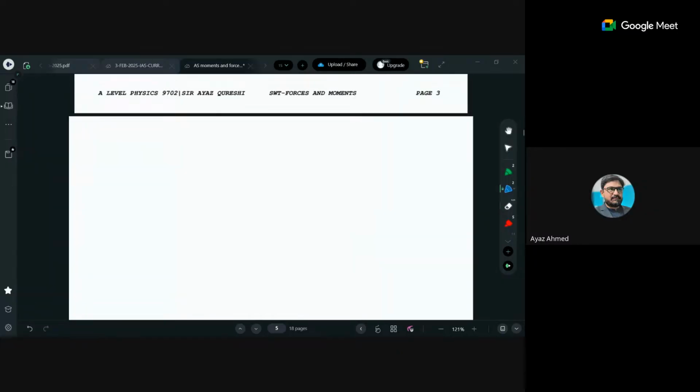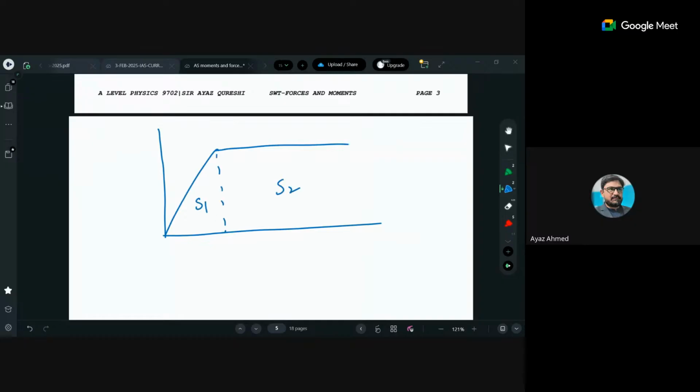Here is the question setup. This is basically S1. This is S2. And the sum of both the distances is equal to 100 meters. And this is time 1 and this is time 2. And the sum of both the times is equal to 11 seconds.